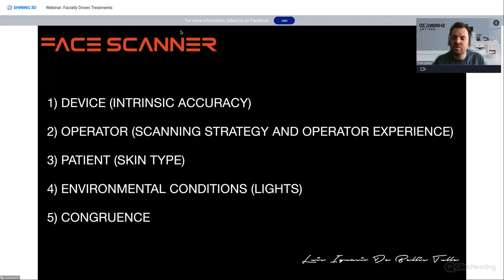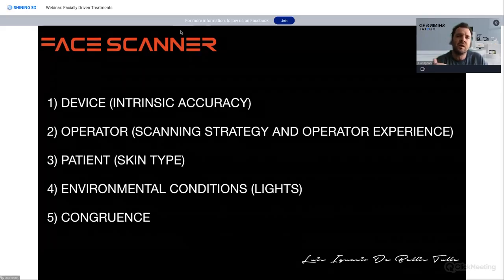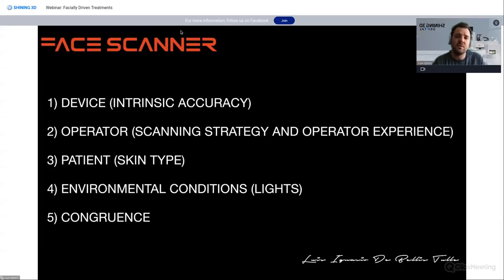And when we come to this topic of lights, we have to check if we have LED lights, halogen lights, or what kind of lights we have around us, because these scanners might get confused, or might give us some errors, if we have the inappropriate kind of lights or if they are extremely shiny.